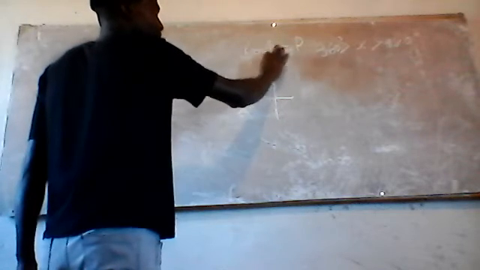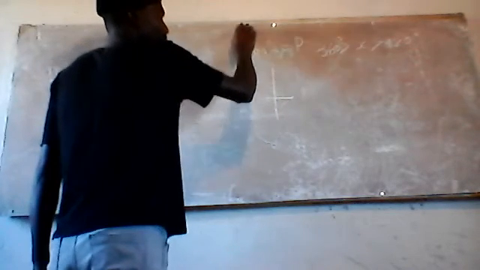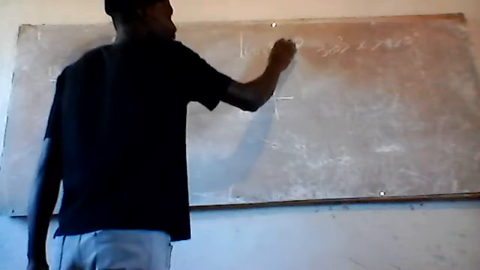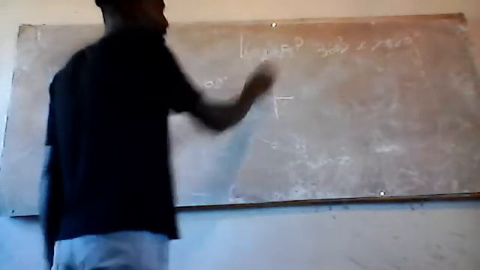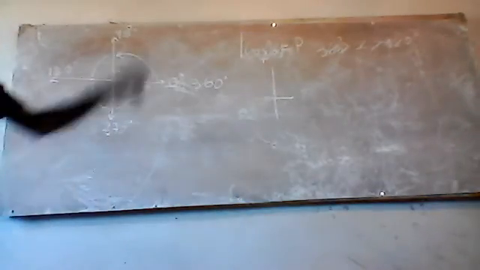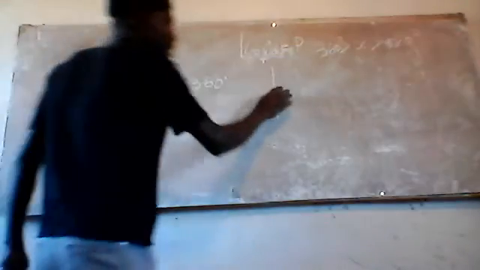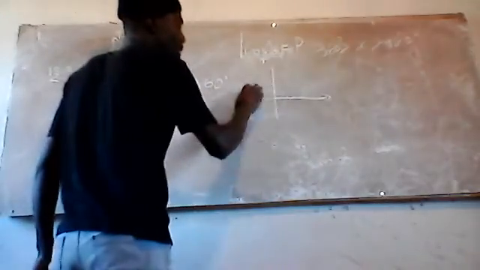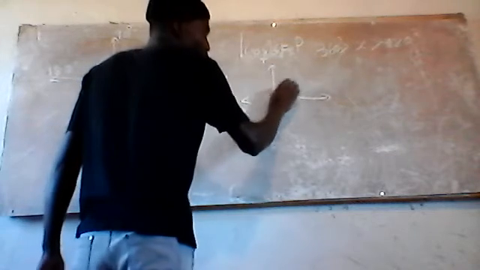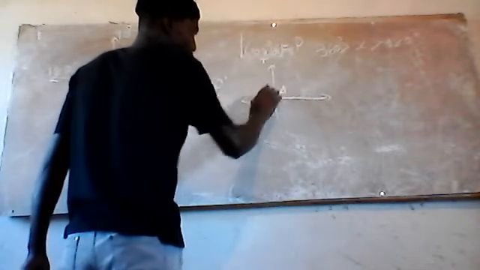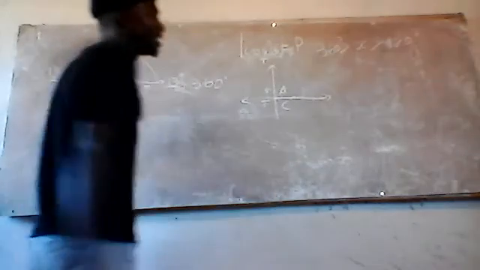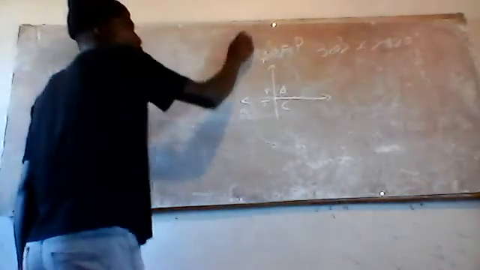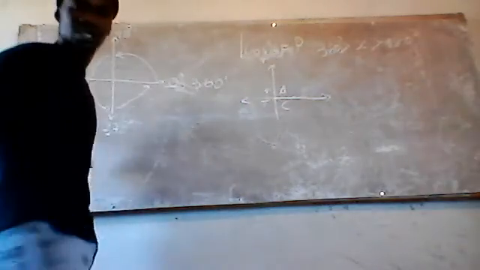I'm given that my cos of x is equal to p, and that is actually positive p, guys. So if cos of x is equal to something positive, I can say my cos of x is positive. From that, you are going to note that from our CAST diagram, we need to identify the quadrants in which cos is positive.